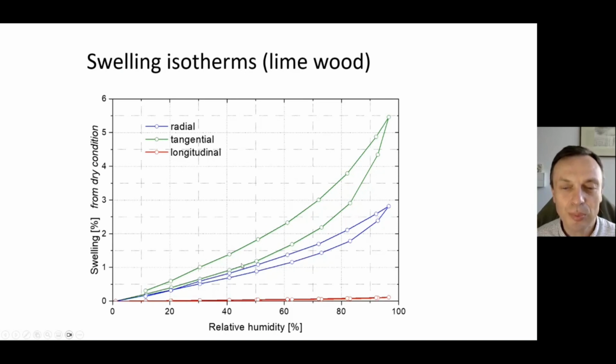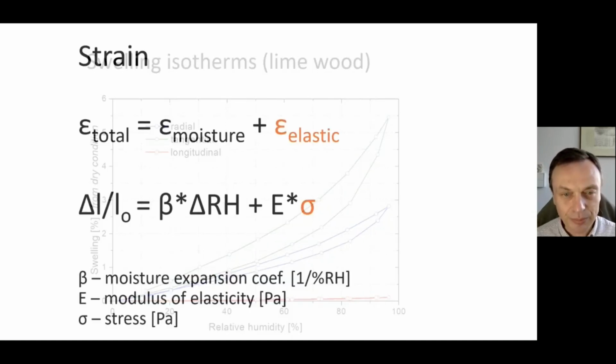The dimensional response is most pronounced in the tangential direction. The swelling in the radial direction is more or less half of the value for the tangential direction, and wood is, from the practical point of view, stable in the longitudinal dimension.